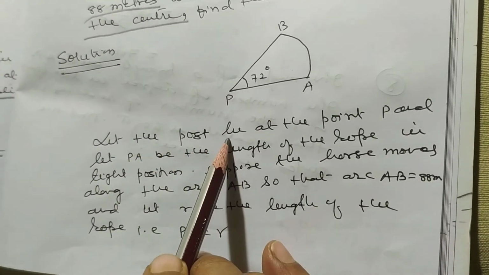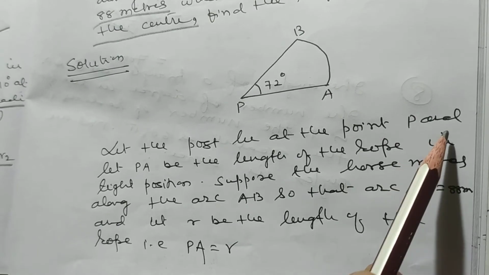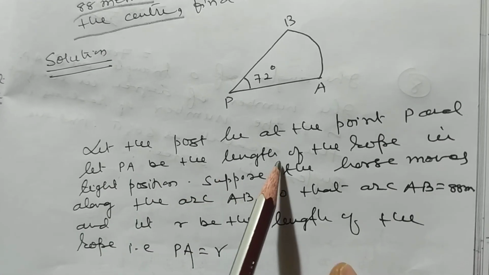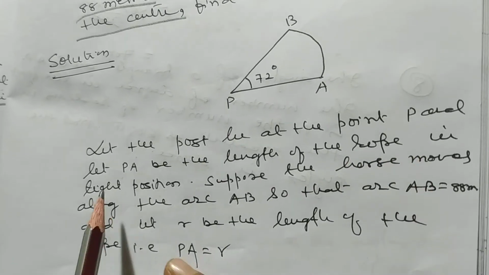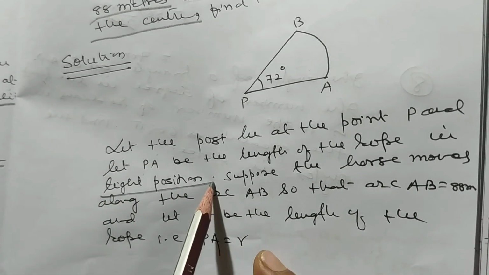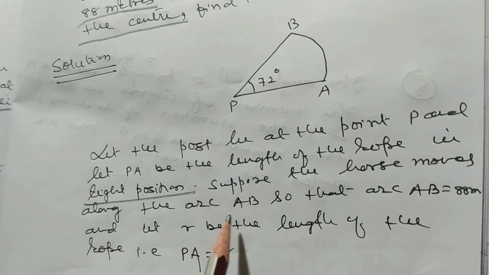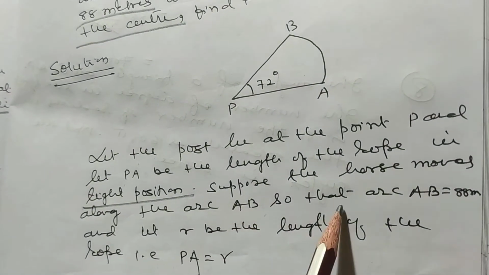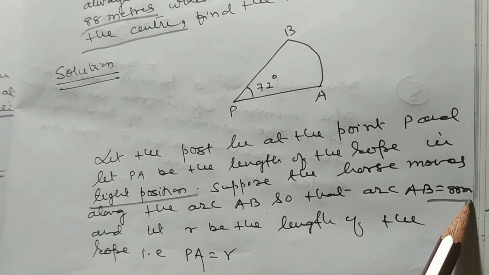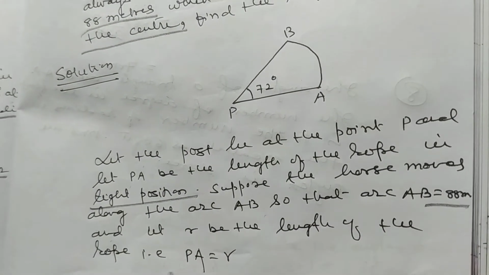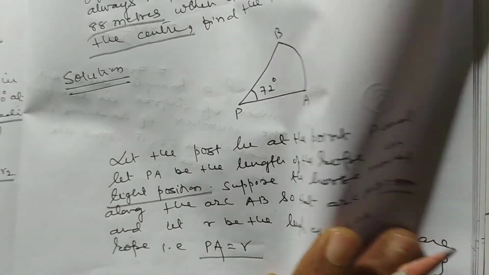Let the post be at the point P, and let PA be the length of the rope in tight position. Suppose the horse moves along the arc AB, so that arc AB is equal to 88 meter, and let R be the length of the rope, that is PA is equal to R.